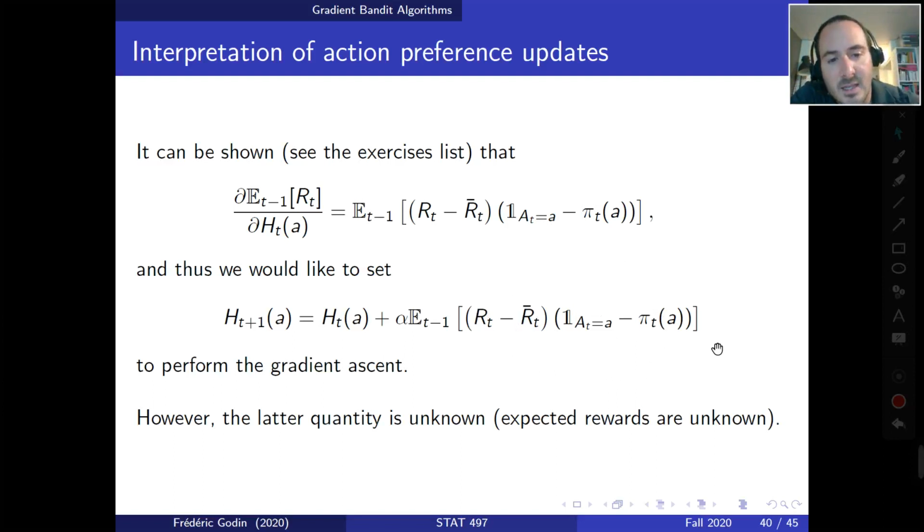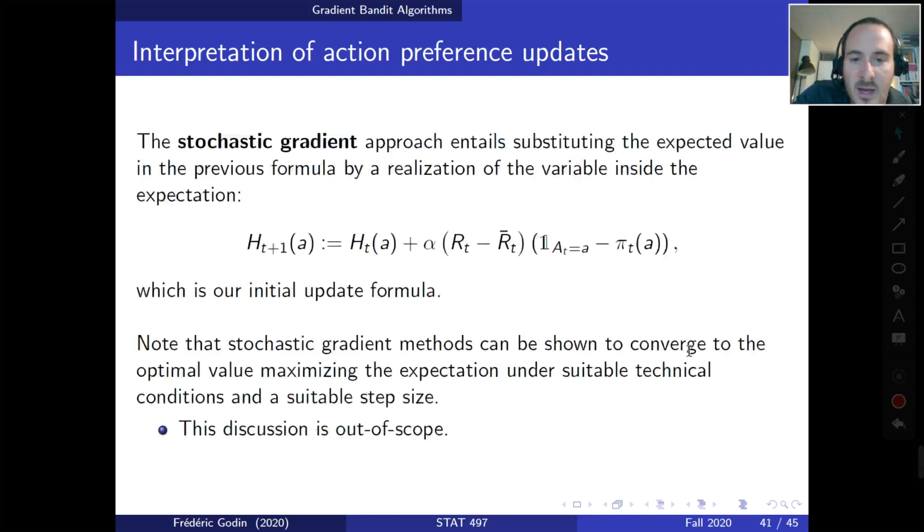Okay, so in a stochastic gradient ascent, we replace this rule by another rule where, instead of having the expectation operator here, we simply keep what's inside the expectation. So we replace the expectation by an unbiased estimate of the expectation. This entails having the following formula.